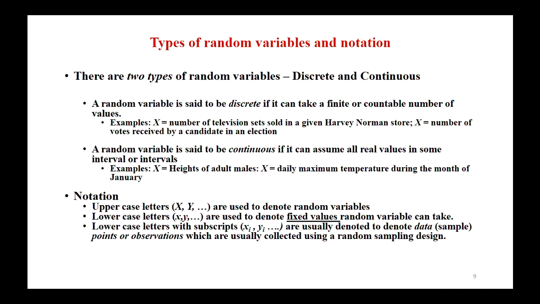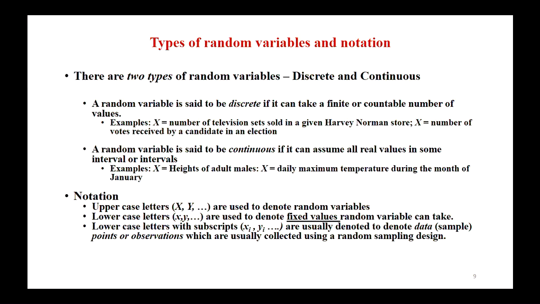And then, if we add a little subscript to the small x's, that would usually be used to denote data. Okay, so x_i would be the ith realization of the random variable X. And if i runs from 1 to n, that means we have a sample of size n. Okay, so x_i will usually refer to data.